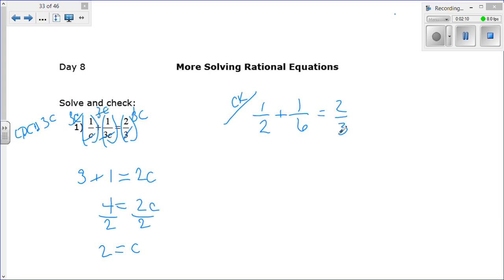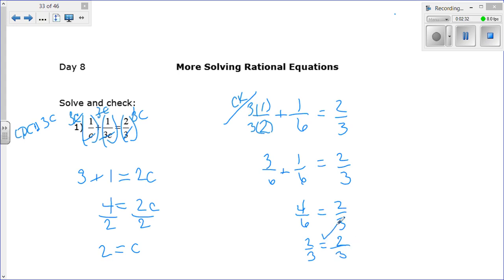I need a common denominator on the left, which is 6, so multiply the top and bottom by 3. So I have 3/6 plus 1/6 equals 2/3. Well, 3/6 plus 1/6 is 4/6. And if I reduce that, I will have 2/3 equals 2/3, and that works, so I'm good.